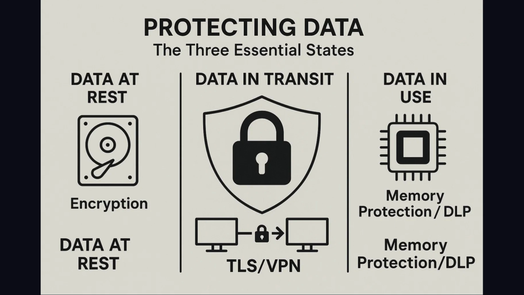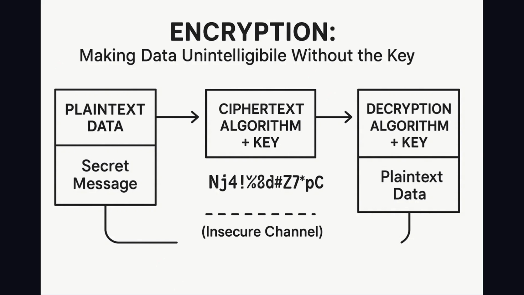We use different security controls to safeguard data in all 3 states, building a robust set of defenses to protect our vital interests. The most fundamental control for protecting data's confidentiality is encryption. Encryption technology uses mathematical algorithms to protect information.